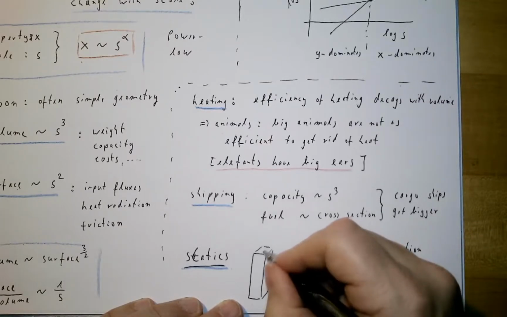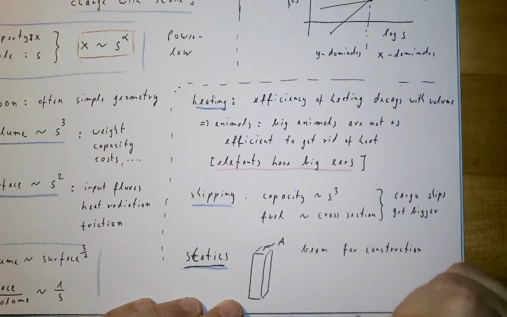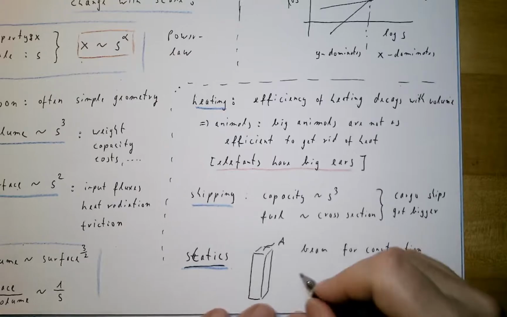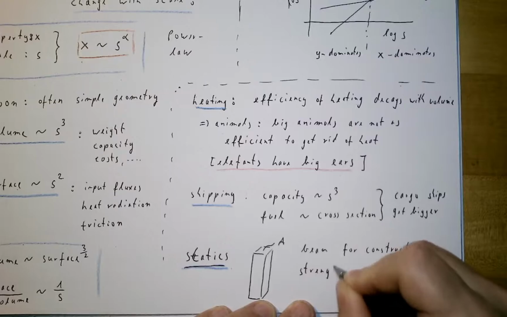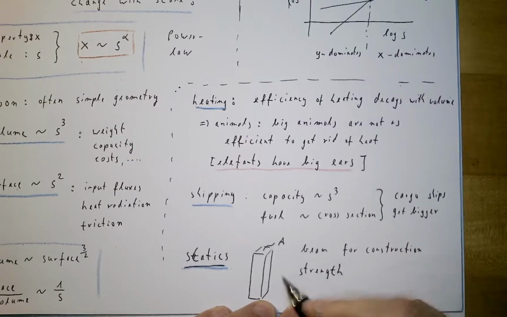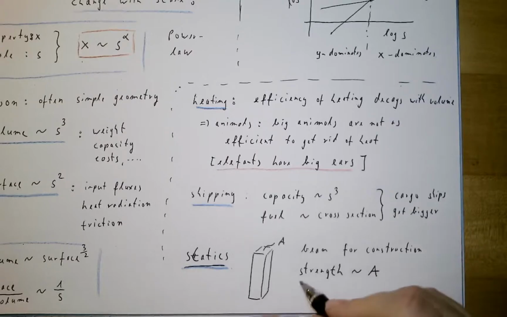And then we have here this cross section area, and then the strength. So how much physical force can be taken up by such a beam goes proportional to this cross section A.